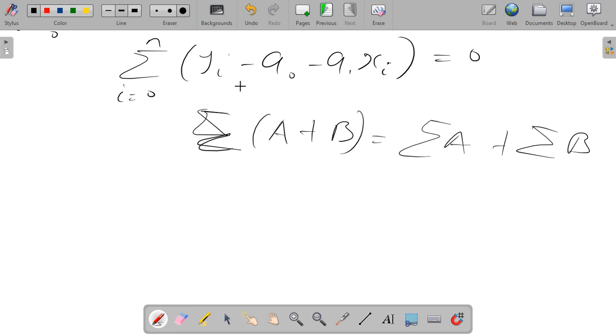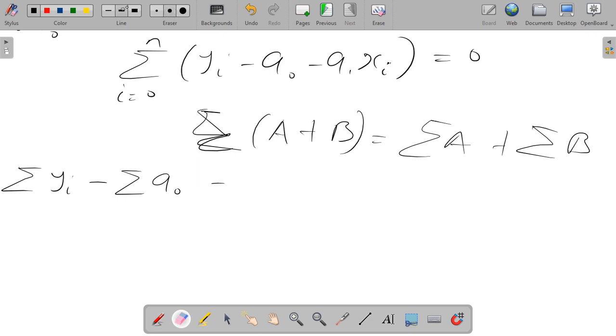So I can separate everything here to give me the summation of yi minus the summation of a0 minus a1 the summation of, let me just write it so that you do not get confused. Let me put everything inside.